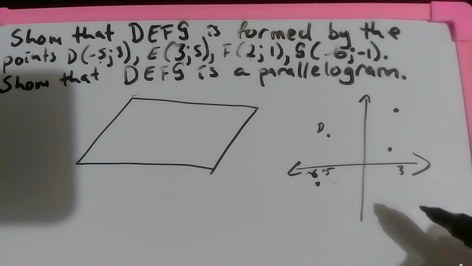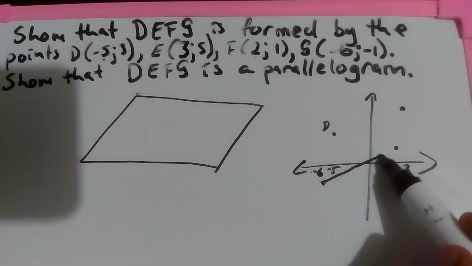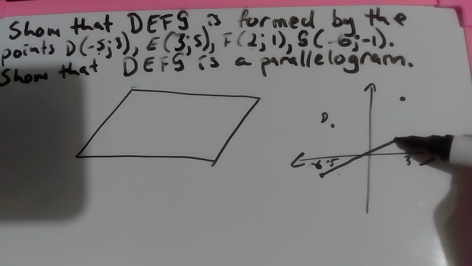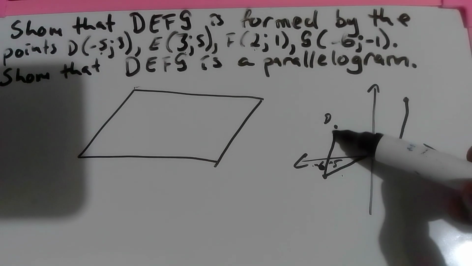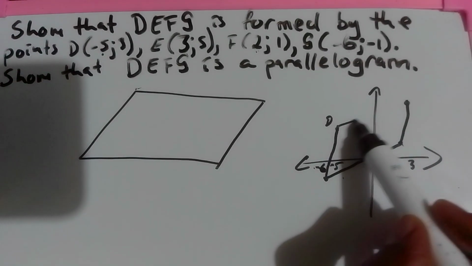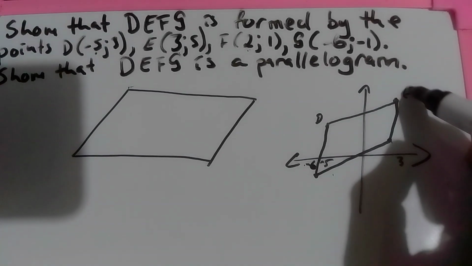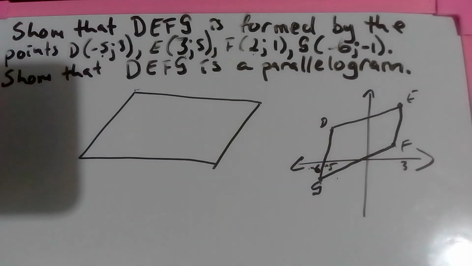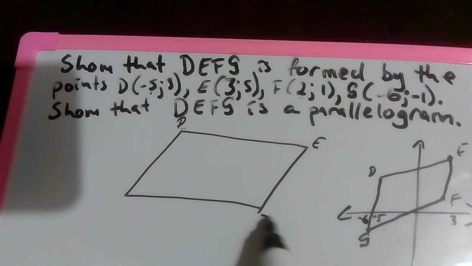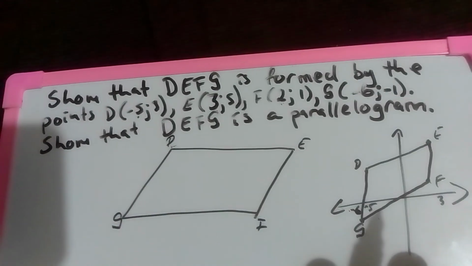Now, do you observe that if I join these dots, even though I didn't draw my diagram according to scale, you can see the parallelogram. Now I label that this is E, this is F, and this is G. So this is point D, E, F, G. Now I'm working with the diagram that I can see.